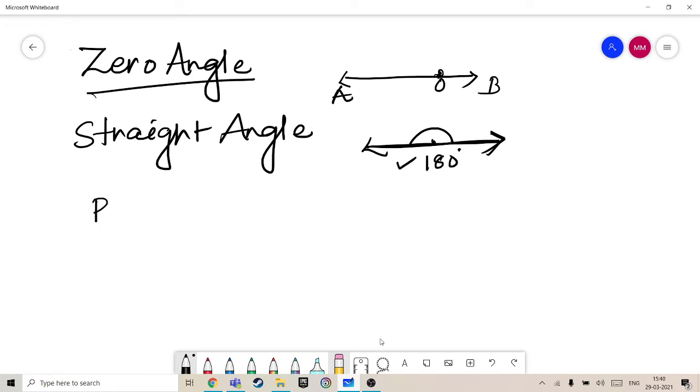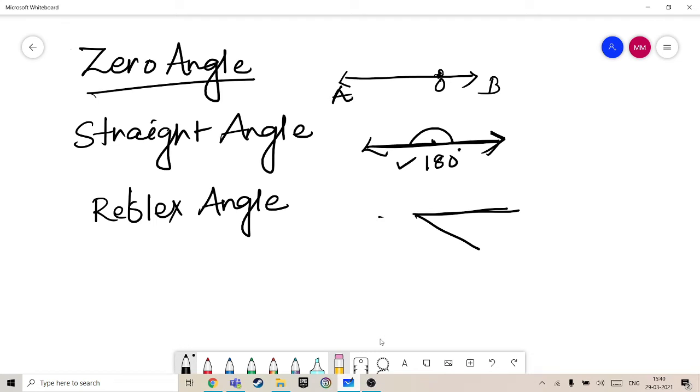And reflex angle, if the angle is between 180 degree and 360 degree. This is 180 degree and this is 360 degree. This angle is called reflex angle.